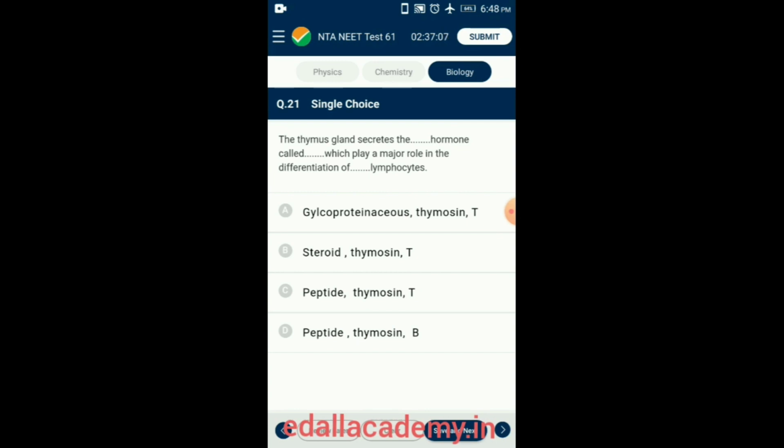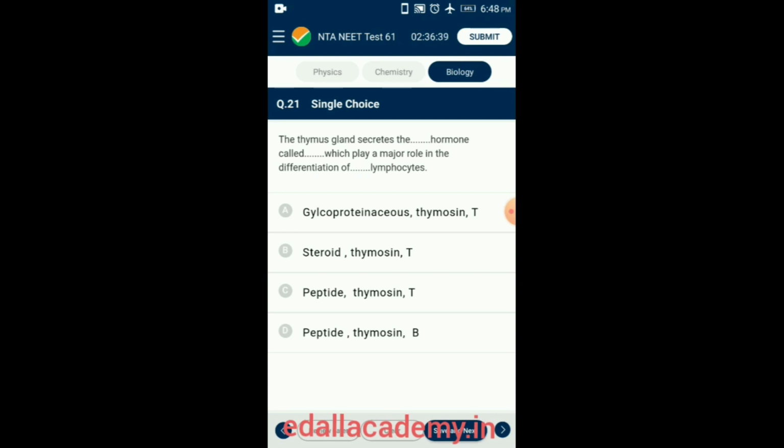Question number 21. The thymus gland secretes the dash hormone called dash, which plays a major role in the differentiation of dash type of lymphocytes. Thymosin is the peptide hormone secreted by the thymus gland. This hormone stimulates the development of T cells or T lymphocytes.